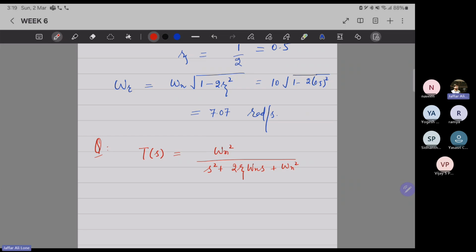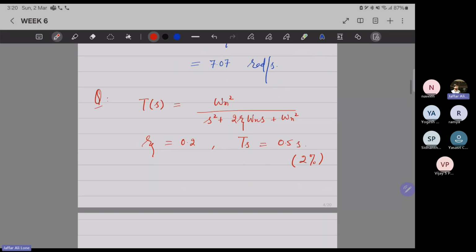Right, and it's also given that zeta is 0.2 and settling time is 0.5 seconds, right? So you are given a second order system where zeta is given and settling time is given. Maybe you may consider 2% band.